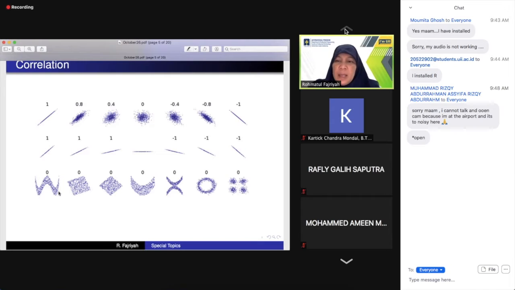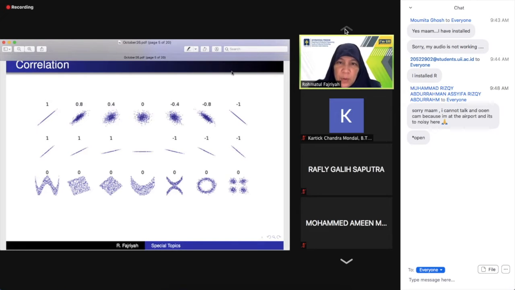Okay, and in the last row here, there is a relationship, but it is not a linear relationship. We know that correlation sometimes we can call it copula in statistics.